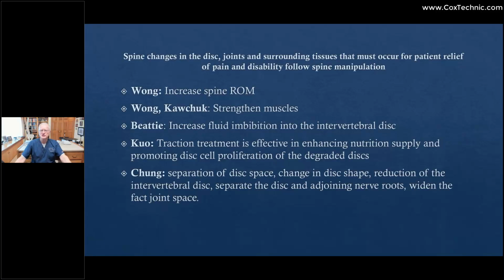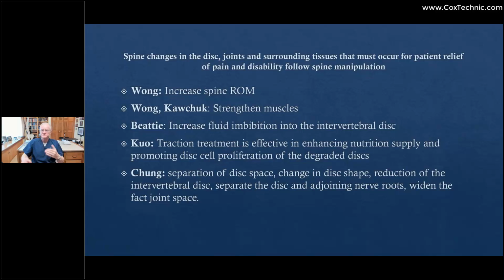The other spine changes that must take place when we do the technique that you're about to see are the following. Number 1, we must increase physiological range of motion. That is, decrease spine stiffness. Number 2, as shown by Wong and Kochuk, we must strengthen muscles.